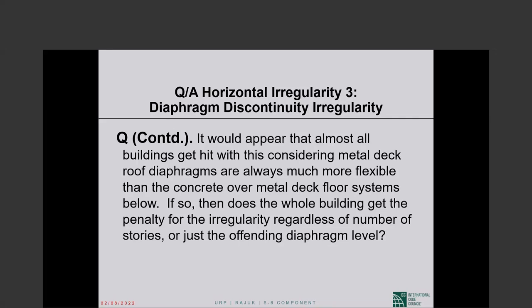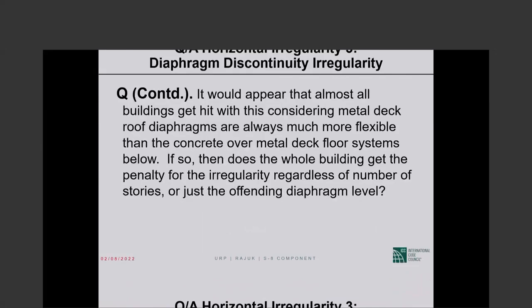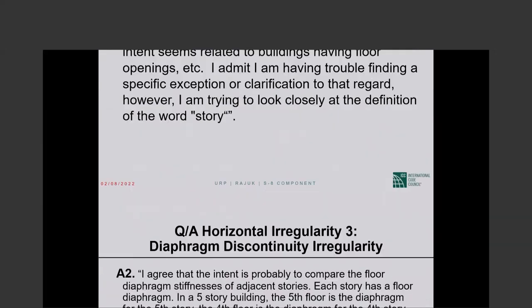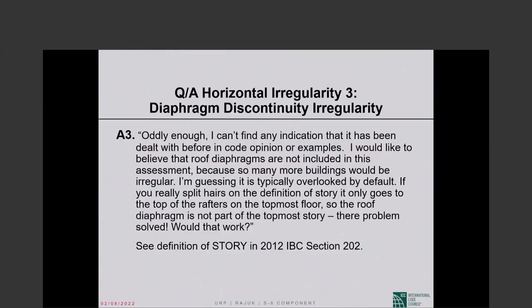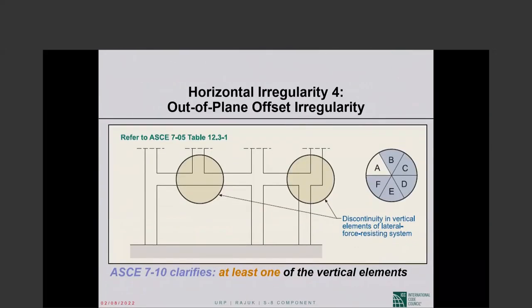We're not going to do anything on the roof anyway, so there is no reason to put a concrete topping. So are all those buildings irregular? The untopped roof diaphragm is definitely much less stiff than the topped floor diaphragms. Are all those buildings irregular? Opinions are expressed that you can read. That situation probably does not exist in Bangladesh, at least to a significant extent, so maybe don't worry too much about it.